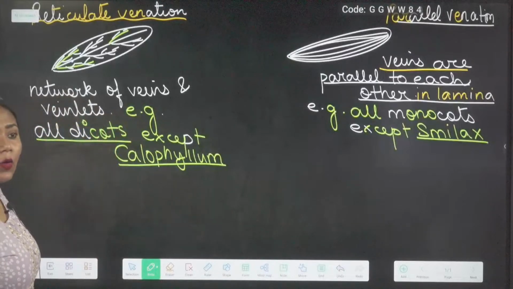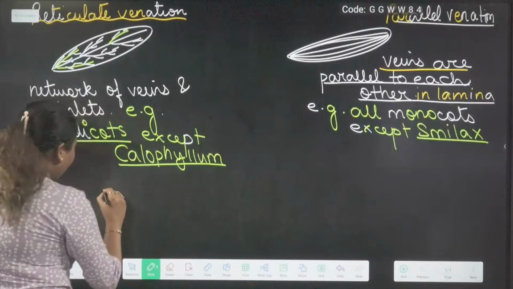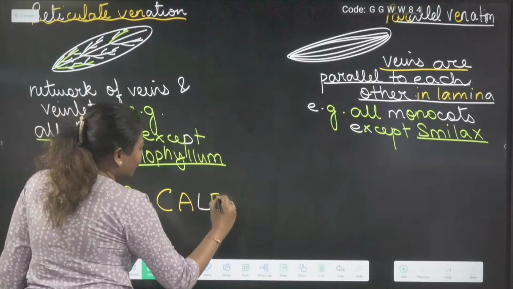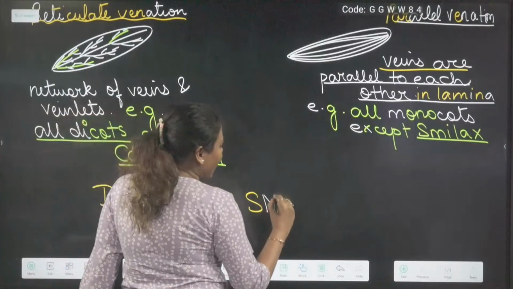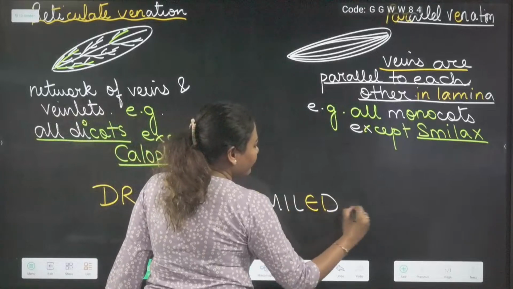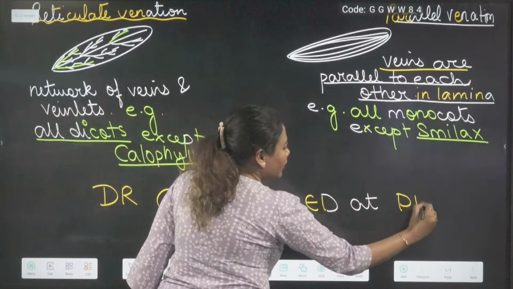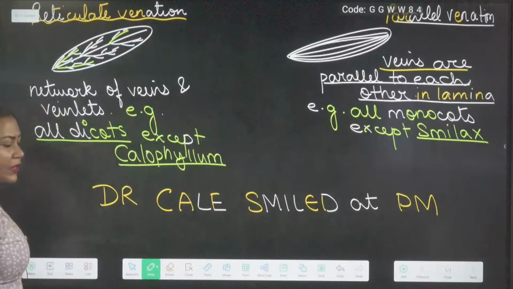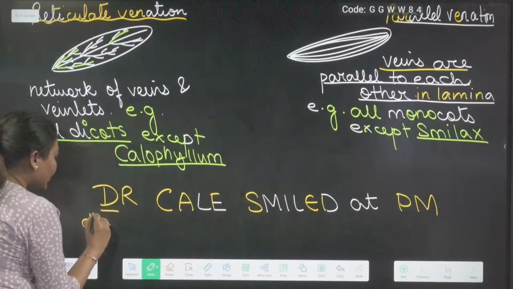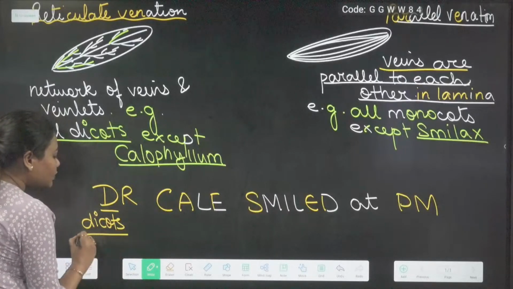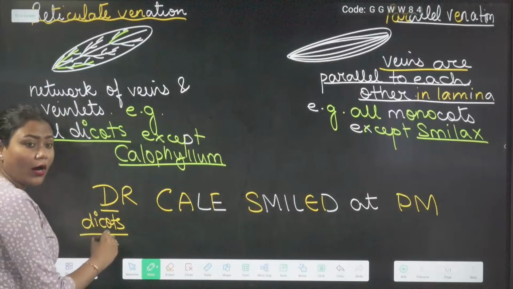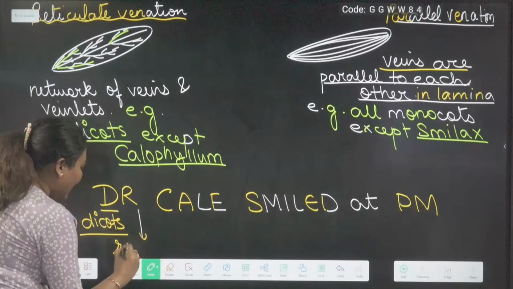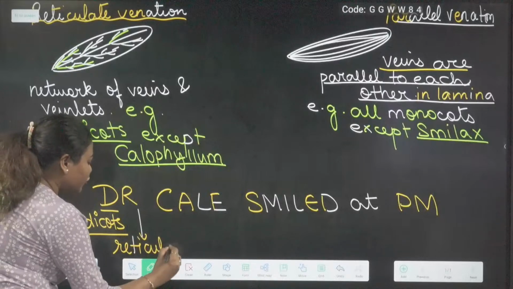Now the trick is "Dr. Kale smiled at PM." D means dicots.